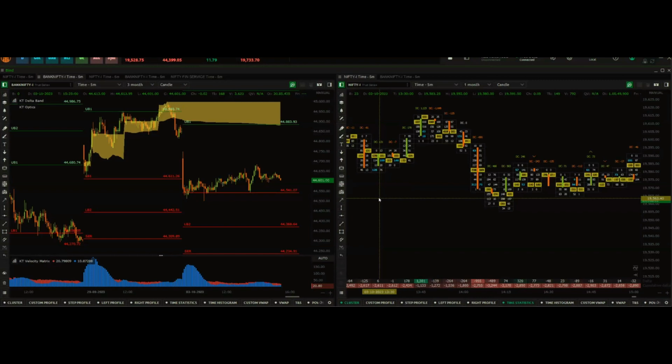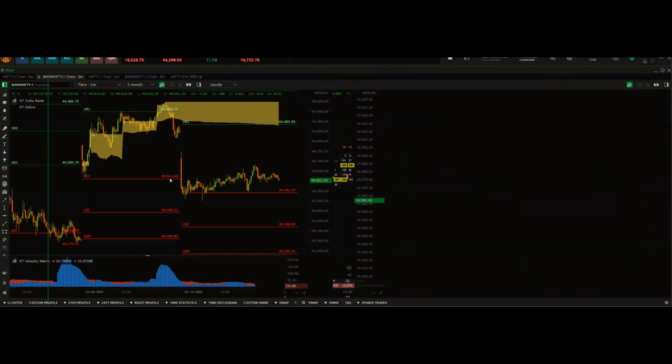Now, what exactly is order flow? You see two charts on my screen, one to the left, which is your regular candles chart, and you also see a chart to the right side of the screen which contains certain numbers. Let me zoom in.